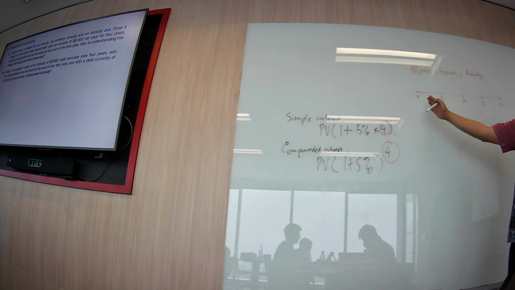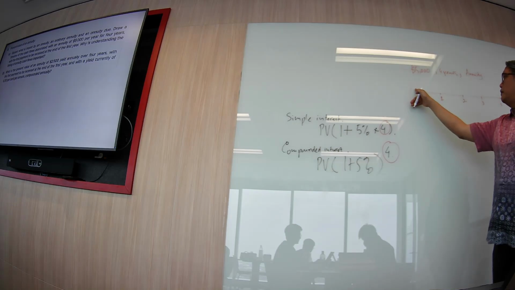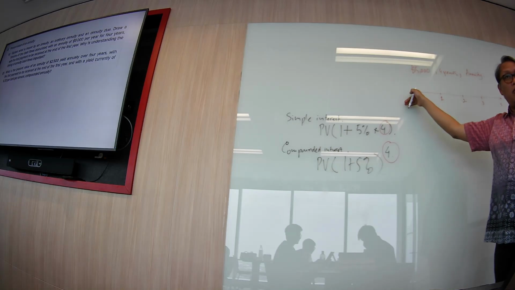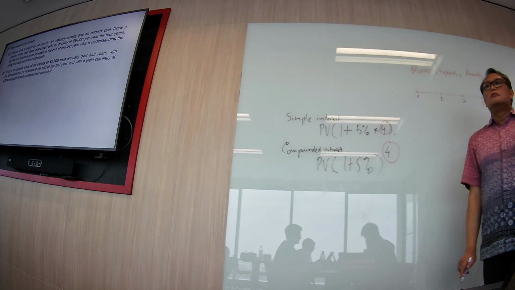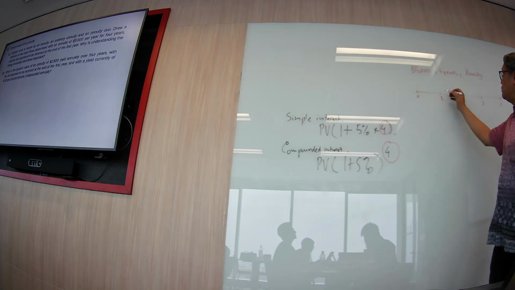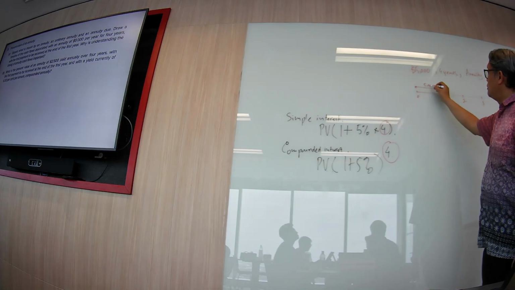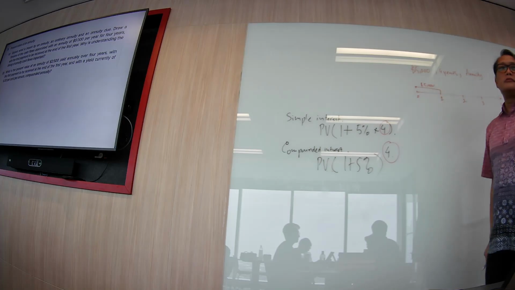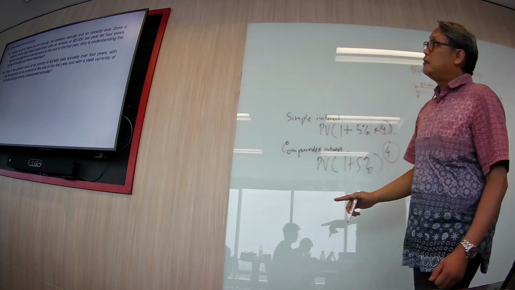So if you pay at the beginning of the period, then you need to pay at time 0, now. Right? If you pay at the end of the period, then for the first year, the schedule will be like this, right? So this is 5,000 at the end of period, right?